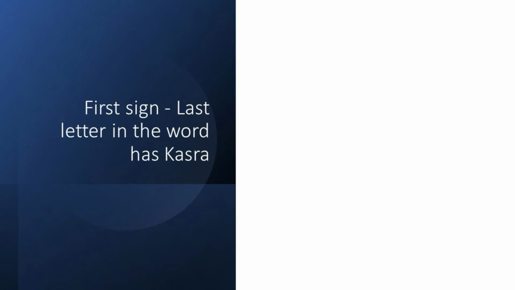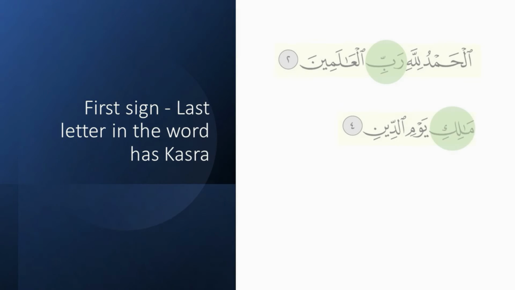So starting with the first sign or indicator, which is basically, if you remember, that the last letter in the word has kasra. Like for example, Rabbi, as you can see in front of you, Alhamdulillahi Rabbi. Rabbi is a noun because it has a kasra.